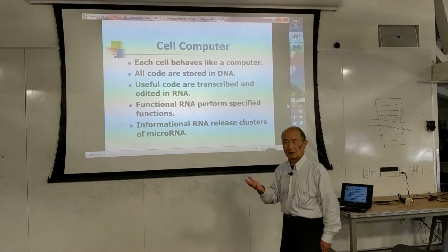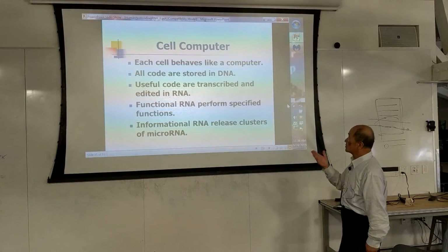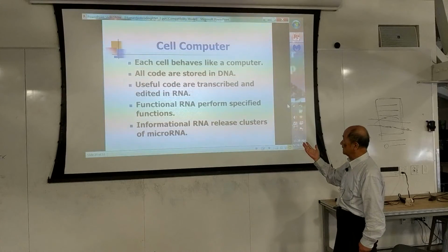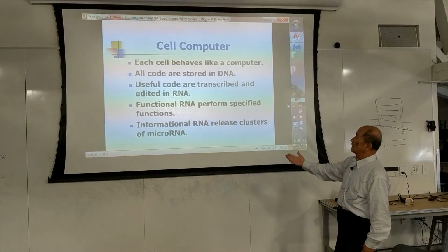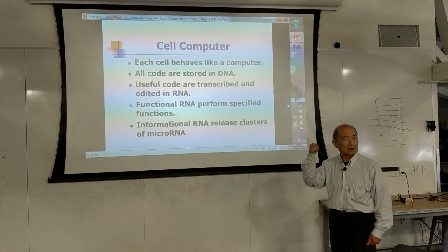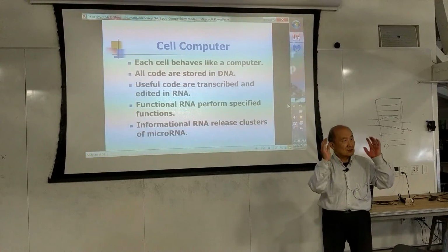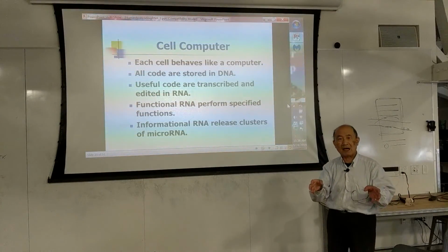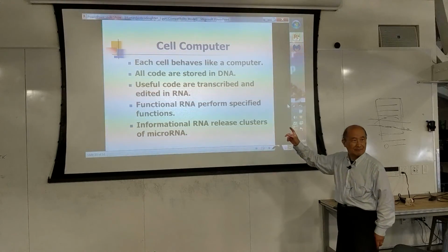Each cell behaves like a computer. All code is stored in DNA, and useful information is transcribed and edited in RNA. So this is like a computer. The DNA is a disk drive. The information in this drive is copied into RAM, and sometimes gets edited, selected, and then executed.